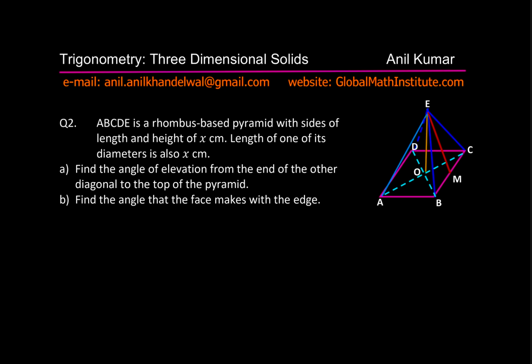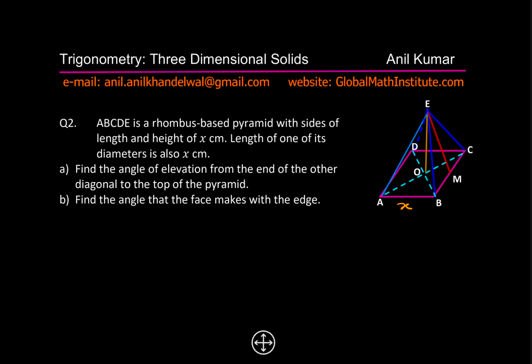Question number 2 here is: ABCDE is a rhombus based pyramid. That means the sides of the base are of equal length. However, they're not at right angles now. And these lengths are all x centimeters. The length of one of its diagonals is also x.